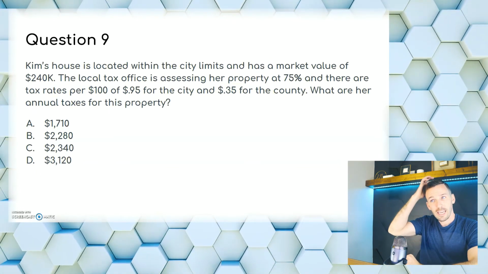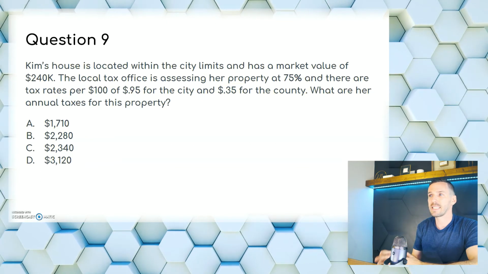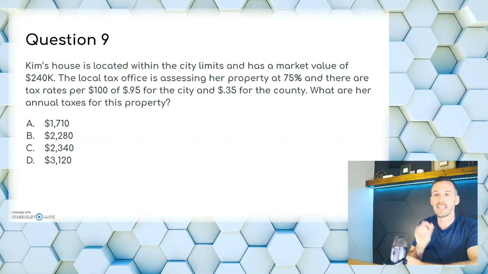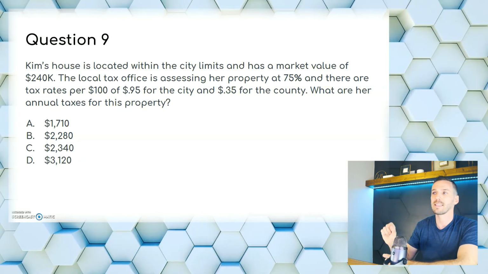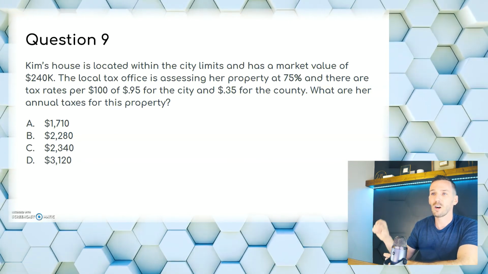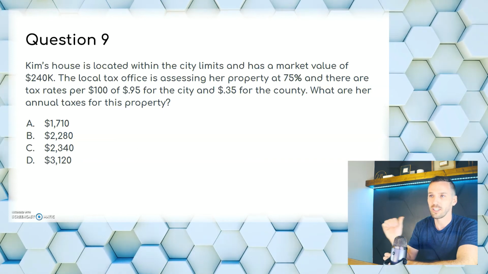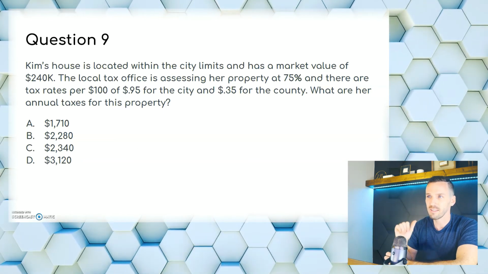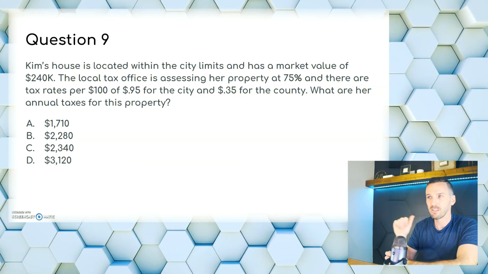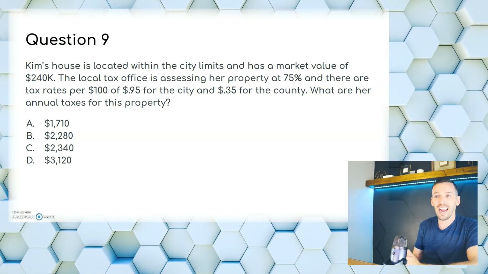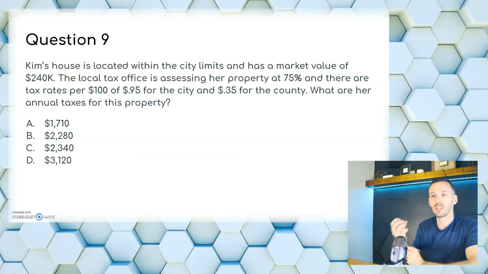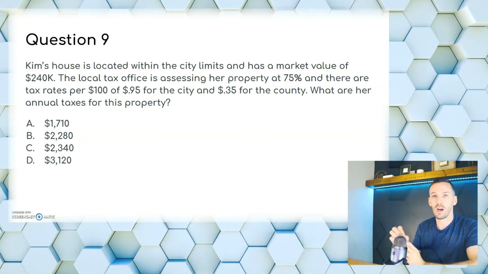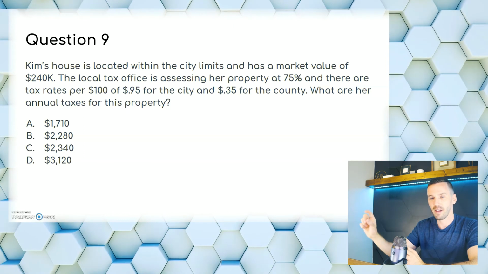Question 9. Kim's house is located within the city limits and has a market value of $240,000. The local tax office is assessing her property at 75%, and there are tax rates per $100 of 95 cents for the city and 35 cents for the county. What are her annual taxes for this property? So 75% of the $240,000 market value is $180,000 assessed value.